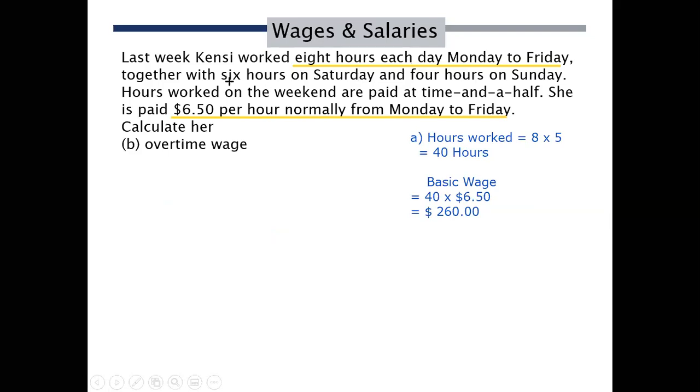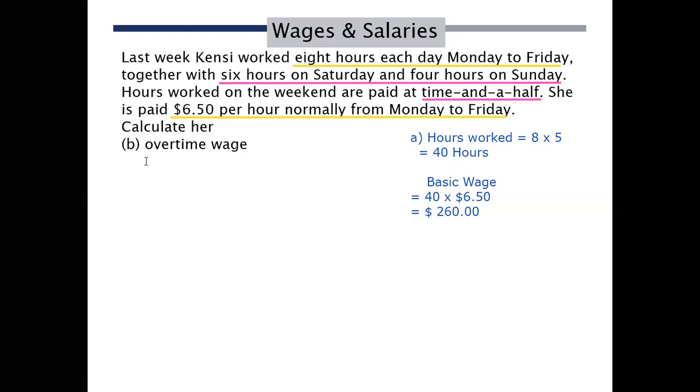The question says that she works 6 hours on Saturday and 4 hours on Sunday. Then they also say hours worked on the weekend are paid at time and a half. So those 2 pieces of information really give me all that I need to know when I'm calculating her overtime wage.